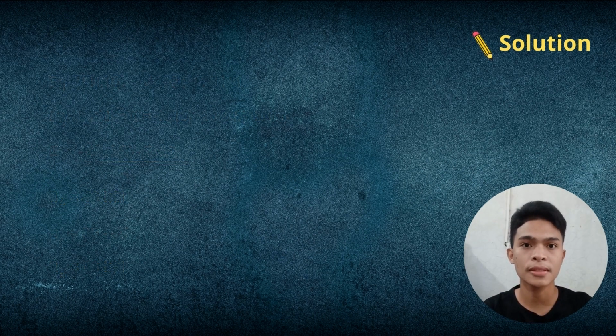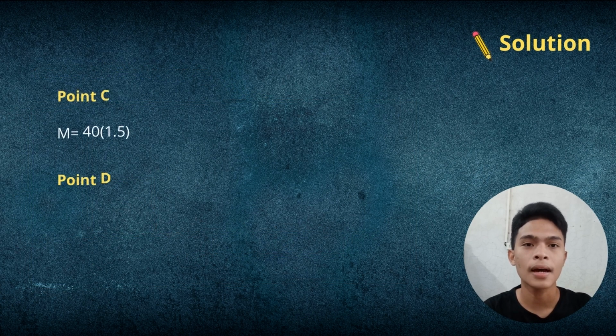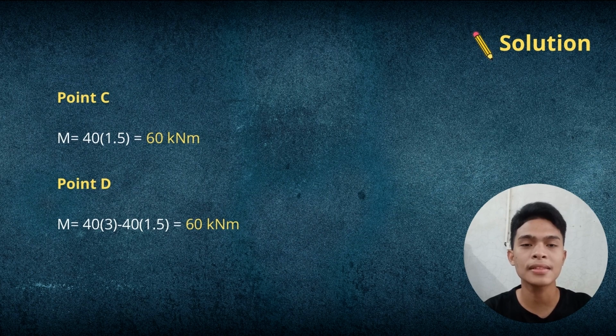The reaction forces at the beam supports can then be used to determine and draw the shear and bending moment diagrams of the problem. Here is the shear diagram corresponding to the forces and reaction forces acting on the beam. Using the shear diagram, we can then solve the moment at point C and point D. At point C, M is equal to 40 times 1.5, which is equal to 60 kilonewton meter.